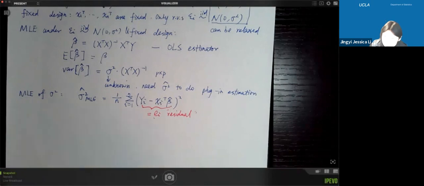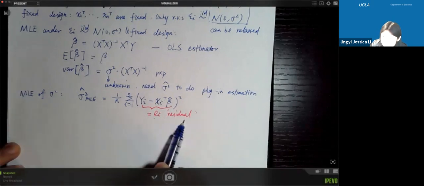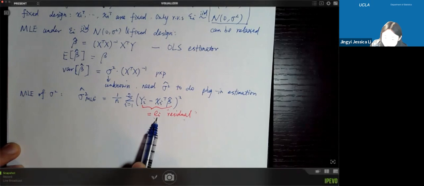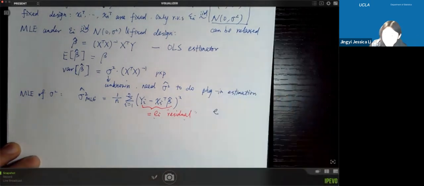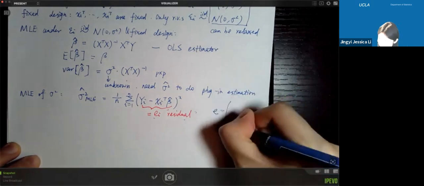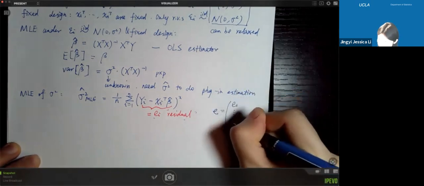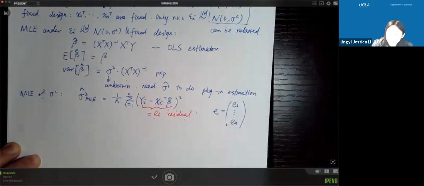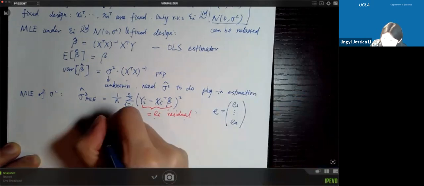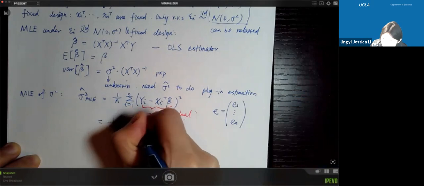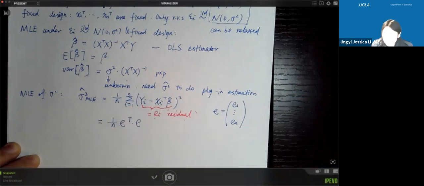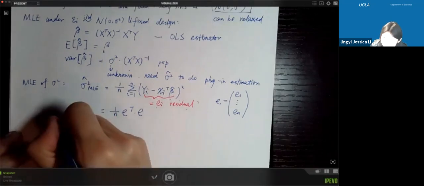To help us with this, we're still going to write it in vector form. Let's define the vector e as the residual vector, e_1 to e_n, n-dimensional. Then clearly we can write this as 1 over n e transpose e. That's the vector representation. And then what's e? Think about the vector form.